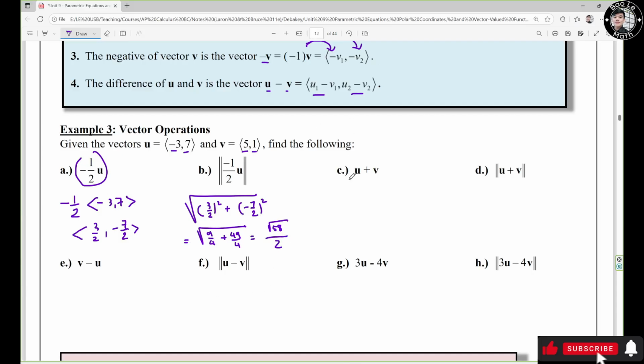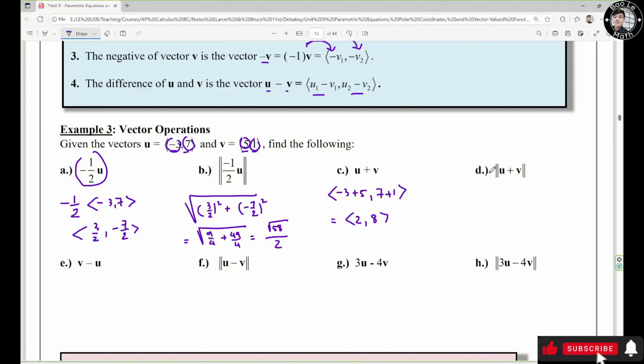Now question C, you're gonna add two vectors, right? So basically you just add this guy and this guy corresponding, this guy and this guy, right? So it's gonna be negative 3 plus 5, comma 7 plus 1, right? So it's gonna be 2, comma 8, right?